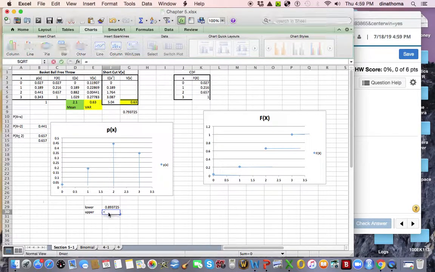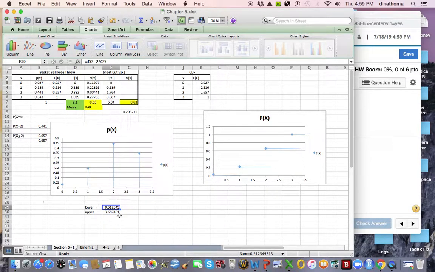My upper would be my mean plus 2 times my standard deviation, which is just under 4, above the scope because we're only taking 3 shots, so I can't even get there. No, I put plus, not times. That's probably why it didn't look right. There we go, 0.51. So between here and here is all my data.